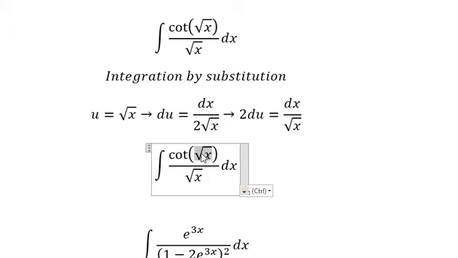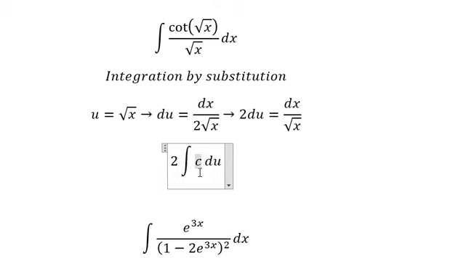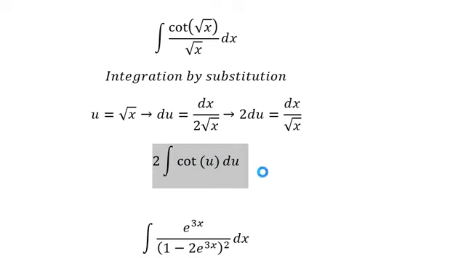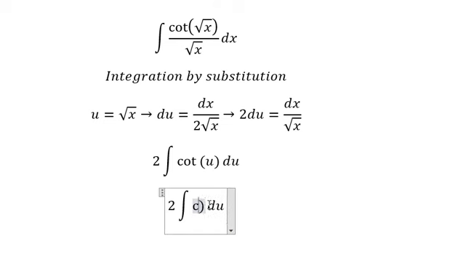This one we change to u. The ds over the square root of s, you get 2 du. Cosine u, we can change into cosine u over sine u.